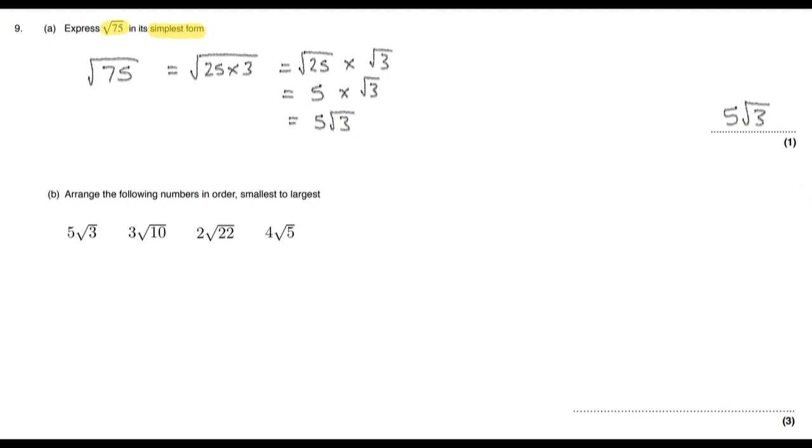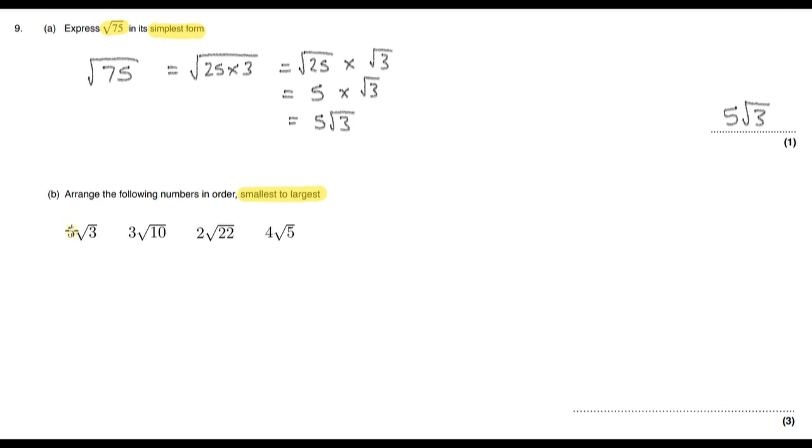Now let's look at part B. Arrange the following numbers in order, smallest to largest. So we've got 5 root 3, 3 root 10, 2 root 22, and 4 root 5. So the way I'm going to do this is I'm going to get all of the numbers into radical form, or I should say put all of them under a square root.